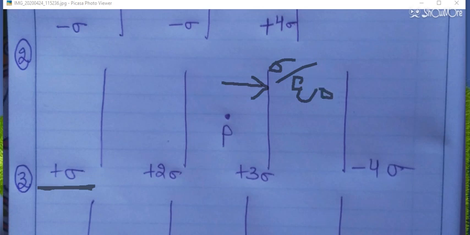I am taking this color for this plus 2 sigma. Due to plus 2 sigma, the electric field will be in this direction at point P, and its magnitude is 2 sigma by epsilon naught.